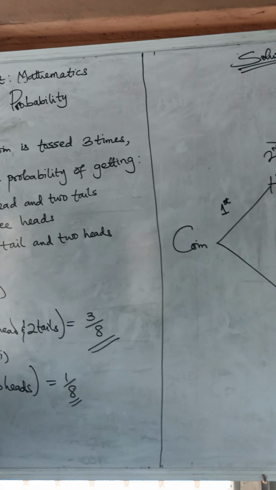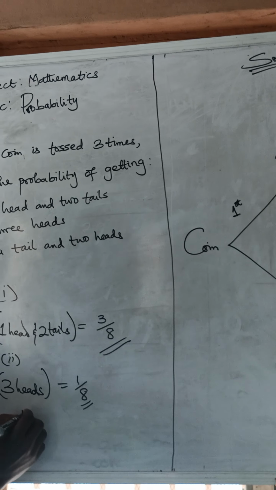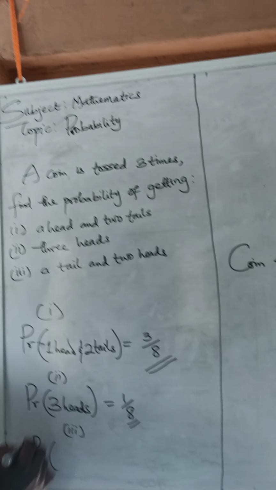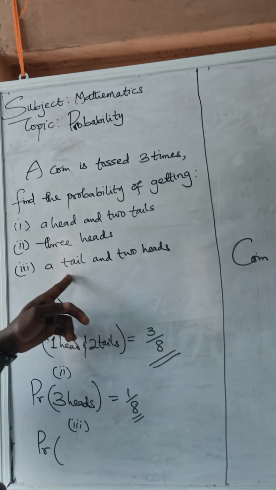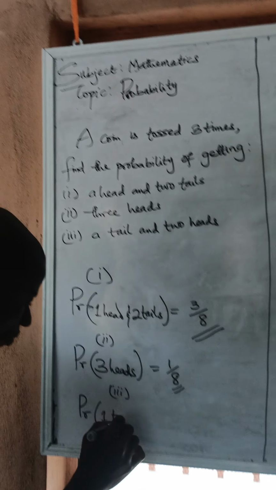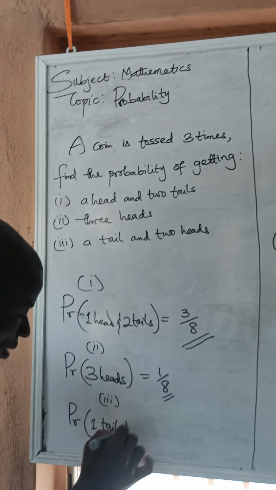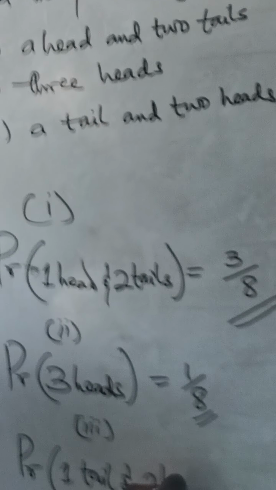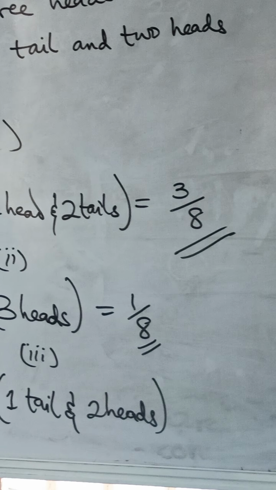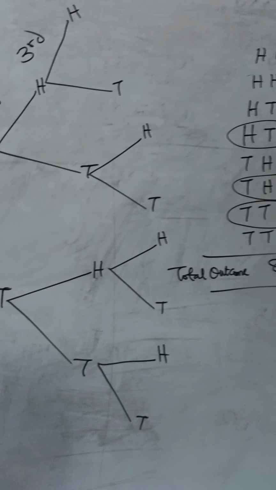Then Roman figure 3: probability of getting a tail and 2 heads, that is 1 tail and 2 heads.